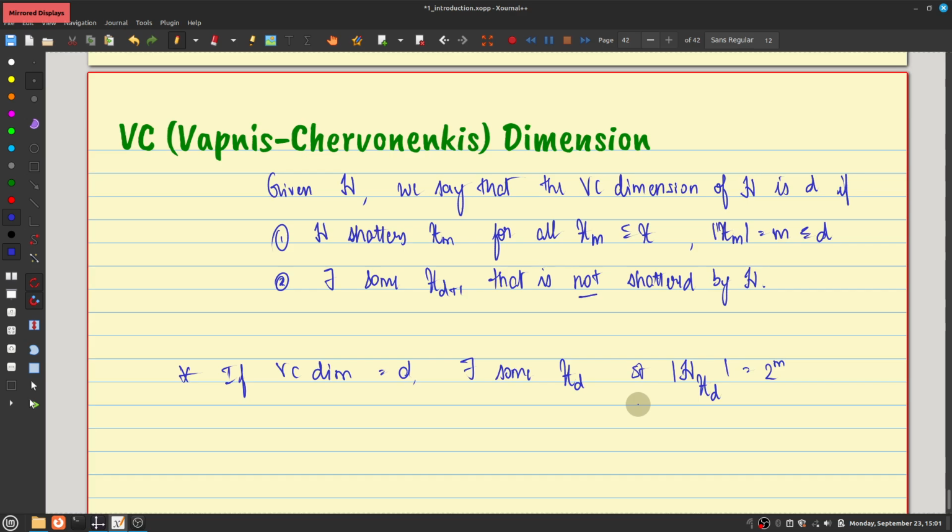Now if I just apply the no free lunch theorem to this particular set, if I want to be able to resolve among functions within this set, I need at least m by 2, or in other words d by 2 samples. If I have any fewer than d by 2 samples, I'm not going to be able to learn just this particular restricted hypothesis class. And if I'm not able to learn this restricted hypothesis class, I can't learn the entire hypothesis class.